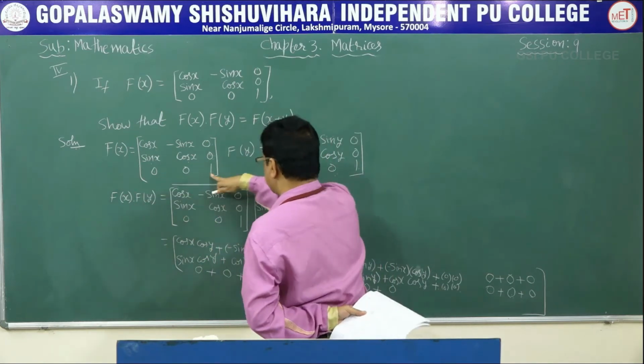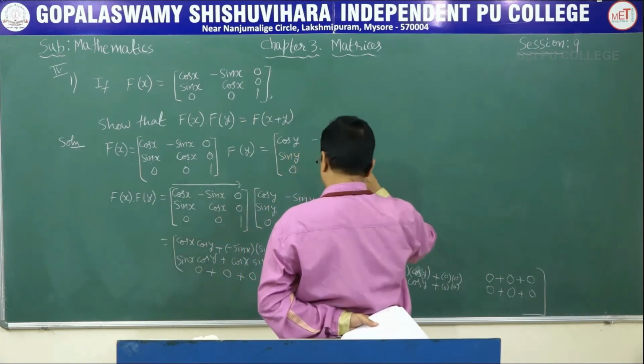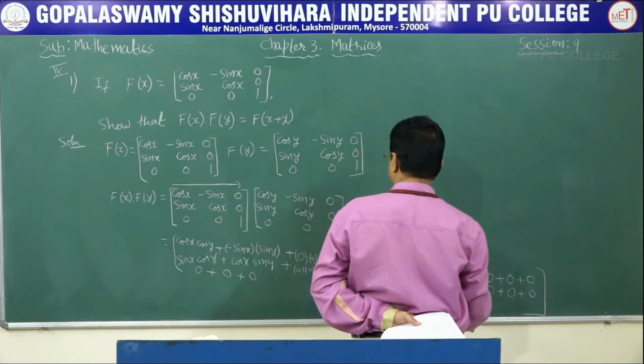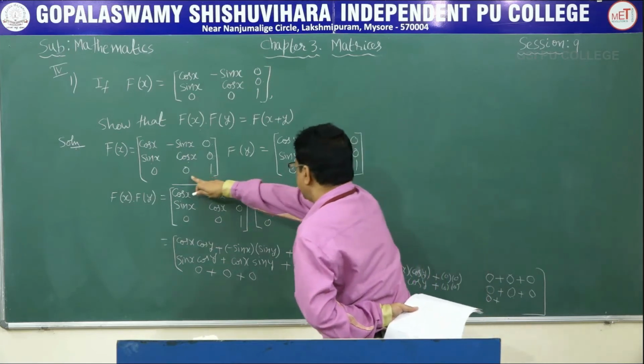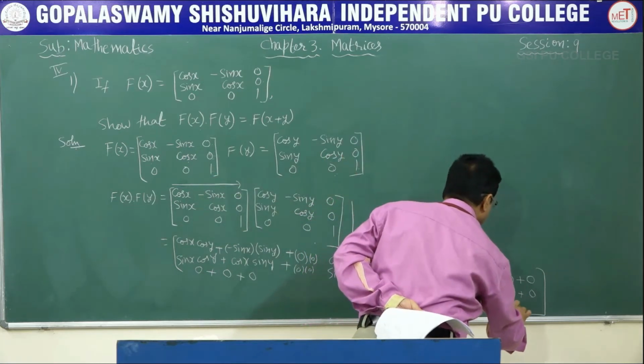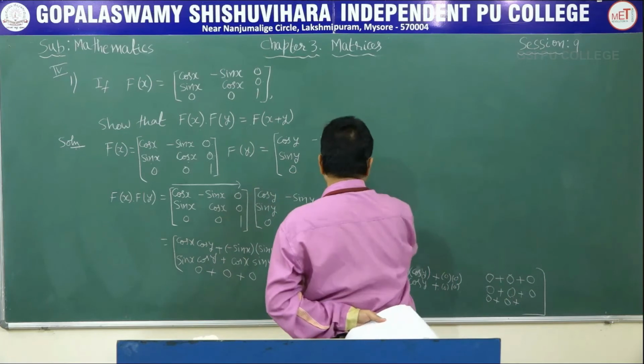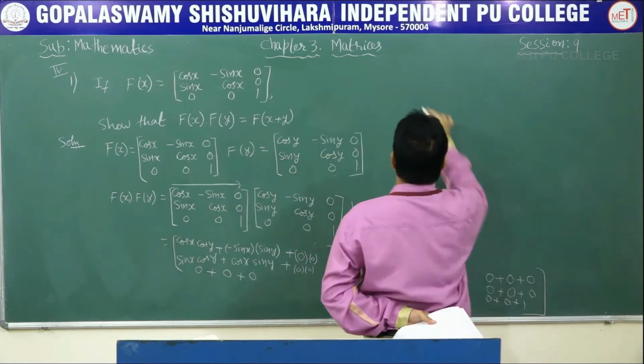Next, third row into third column, that is 0 into 0 plus 0 into 0 plus 1 into 1 is 1.